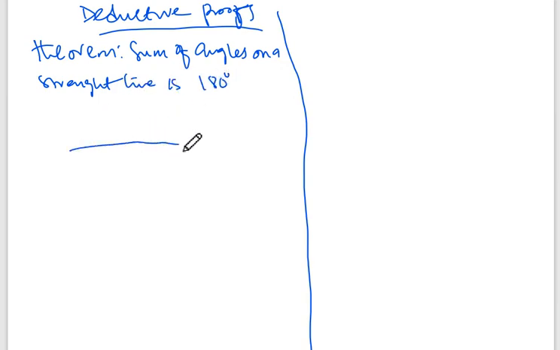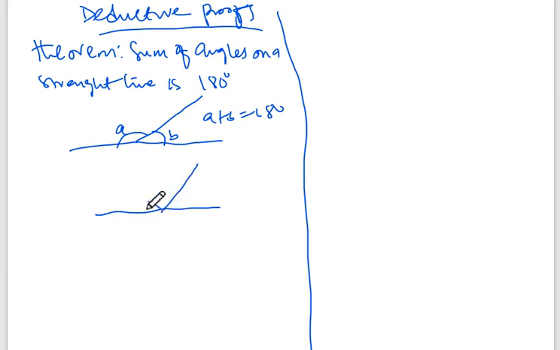Let's assume this is A and this is B, so A plus B is equal to 180. Or if you have A, B, and C, then A plus B plus C is equal to 180. As long as it's on a straight line, the sum of angles on that straight line is 180 degrees.